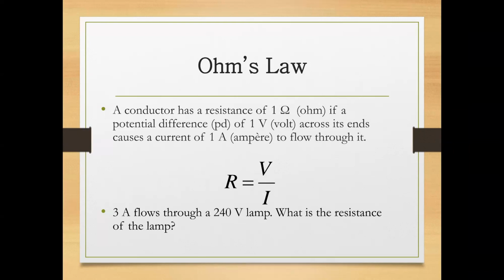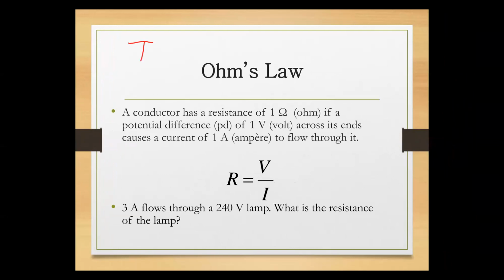Another one: 3 amps flows through a 240 volt lamp. What is the resistance of the lamp? We're given current I equal to 3 amps, and the potential difference of 240 volts across the lamp. They're asking what is the resistance of the lamp?